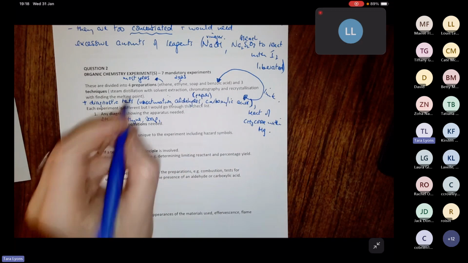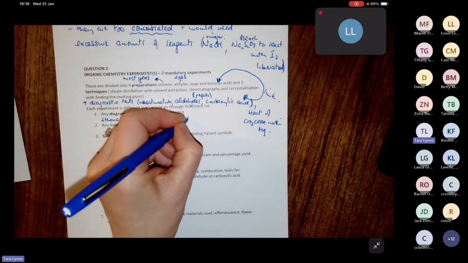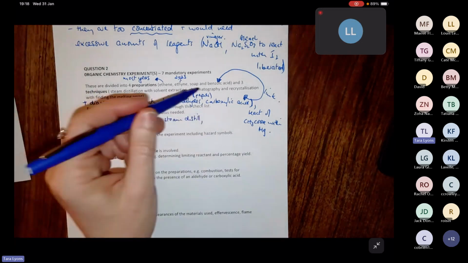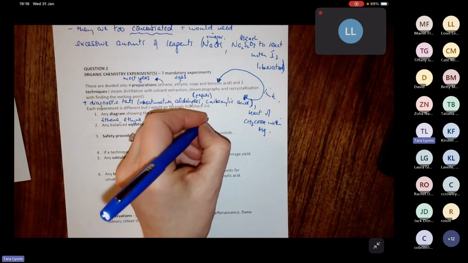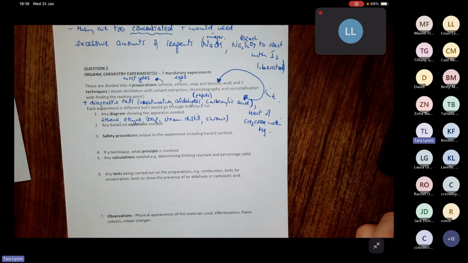I technically should be able to do steam distillation, even though anytime it's come up, they've given me the reaction. And I'd need to do chromatography. So any diagram that goes with that, there is a chance that you'll be asked to draw it. And if you look at past papers, you'll see that that is the case.